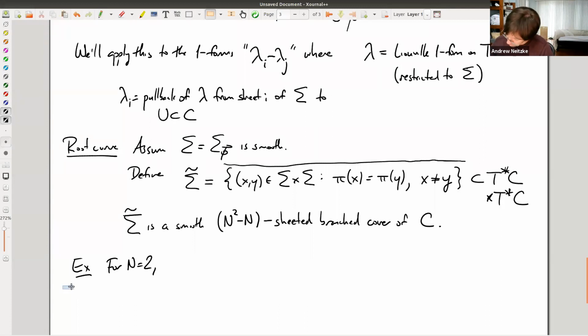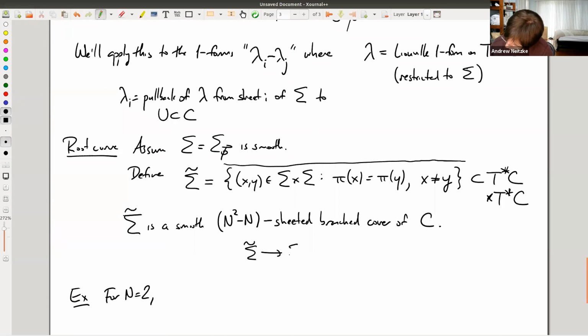Sorry, I wanted to introduce the projections. So we have sigma twiddle. It has first and second factor. I'll call those P1 and P2.